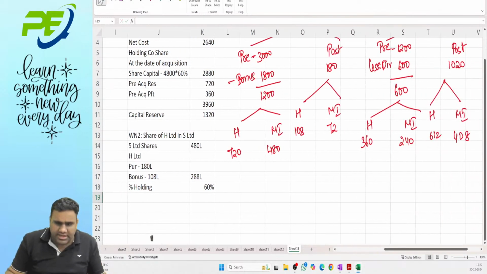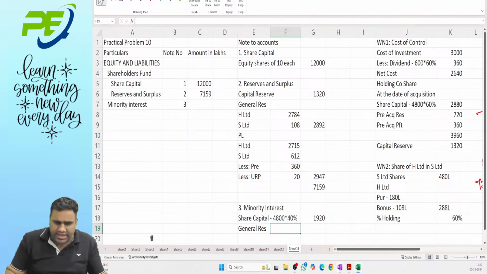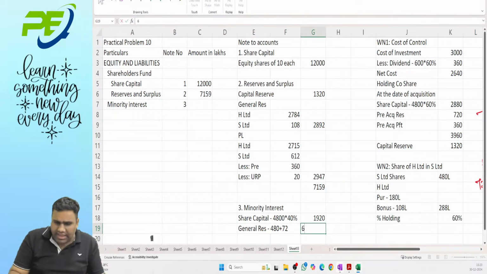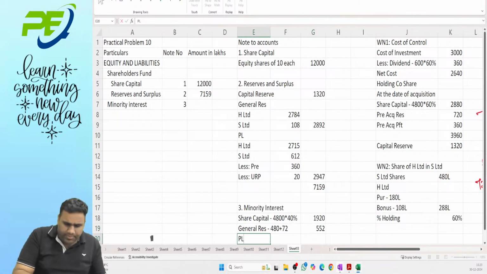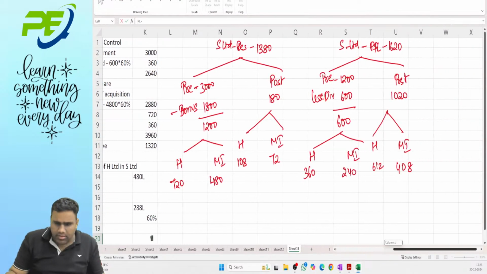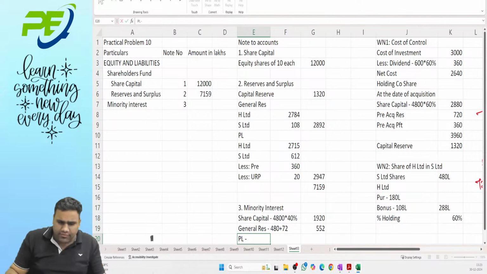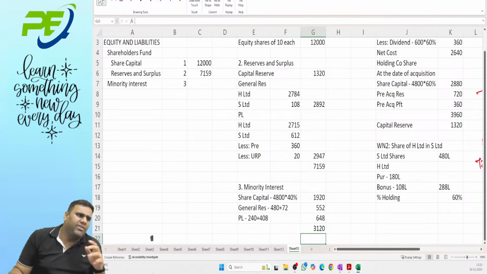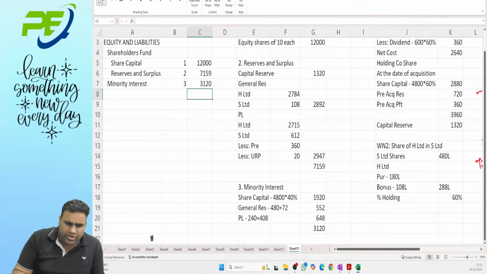We have two amounts here, 480 and 72, 552. And P&L also we have two amounts, 240 plus 408. Anything else? 3120. This is minority interest, 3120.